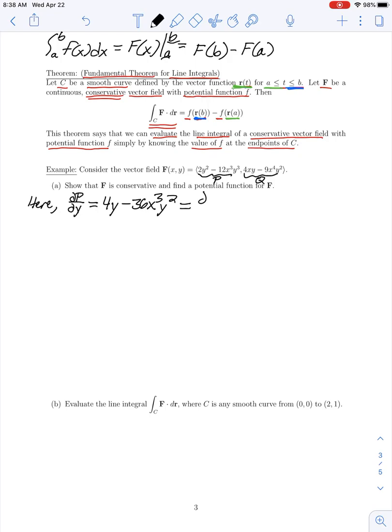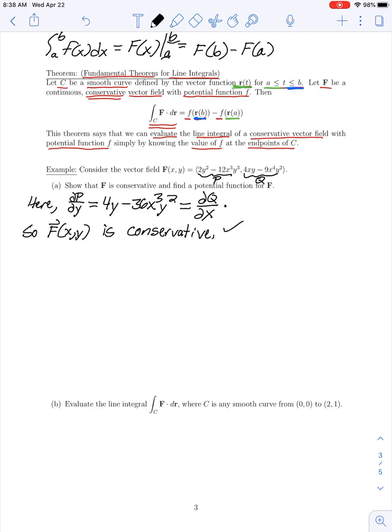It is indeed the same value. So since these cross partials are equal to each other, we can say that our vector field, f of x, y, is conservative by the cross partials test.